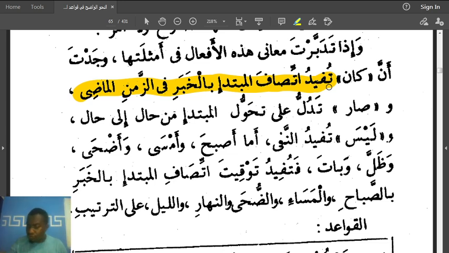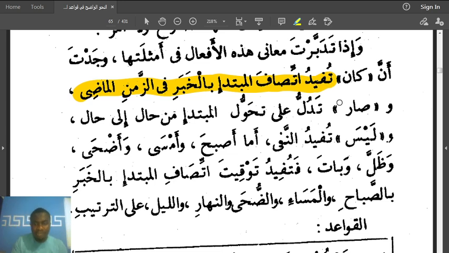So when you have كان, what it does is that it takes this description to the past, اتصاف المبتدأ بالخبر في الزمن الماضي. If you say الولد طويل, the boy is tall, but if you say كان الولد طويلا, the boy was tall, في الزمن الماضي.